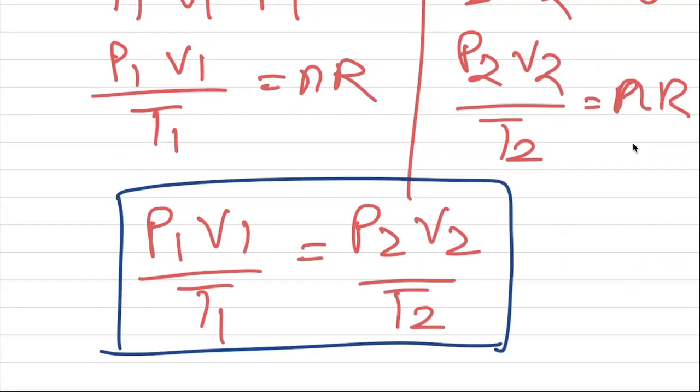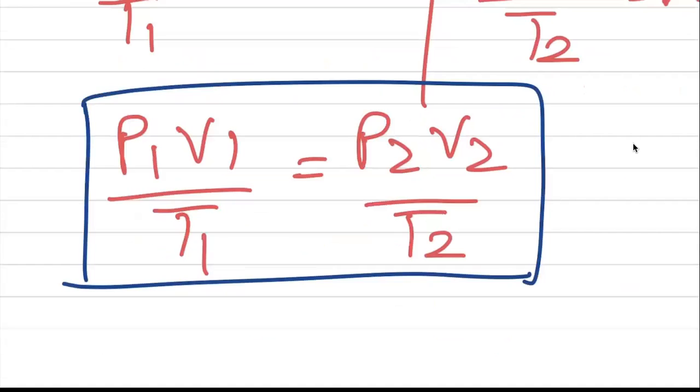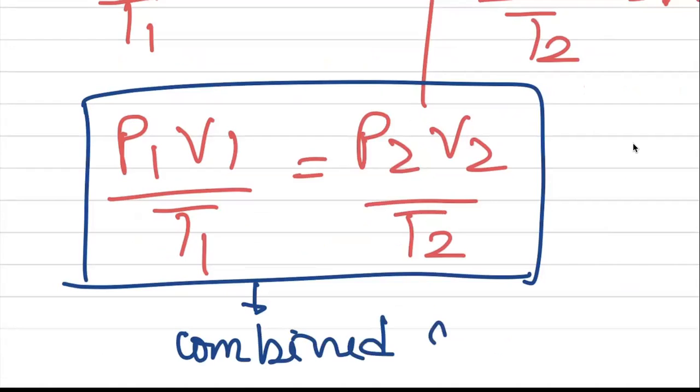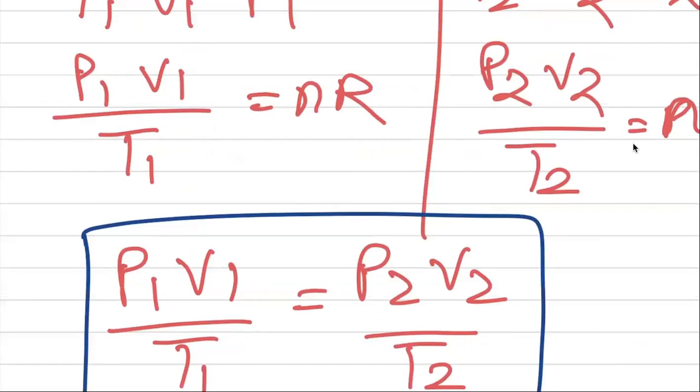This equation, P1 V1 by T1 equals P2 V2 by T2, is known as the combined gas law. When the amount of gas is fixed, when n is constant, for a gas P1 V1 by T1 is equal to nR.